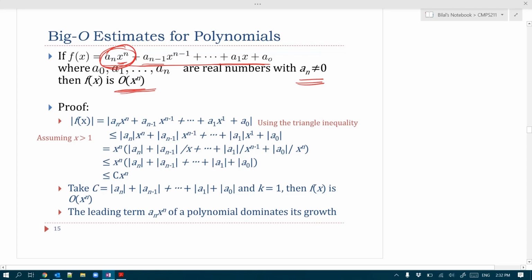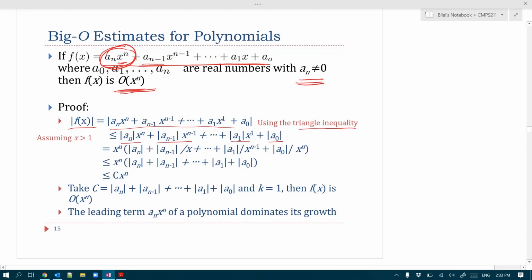Even if we keep the absolute values, we can use the triangle inequality property that you proved in one of the previous assignments. And then you just remove the absolute value to decompose your terms like here, and then you can divide by x to the power n.